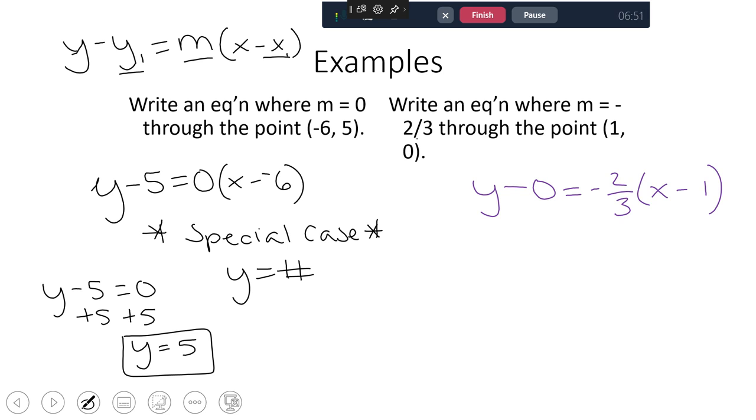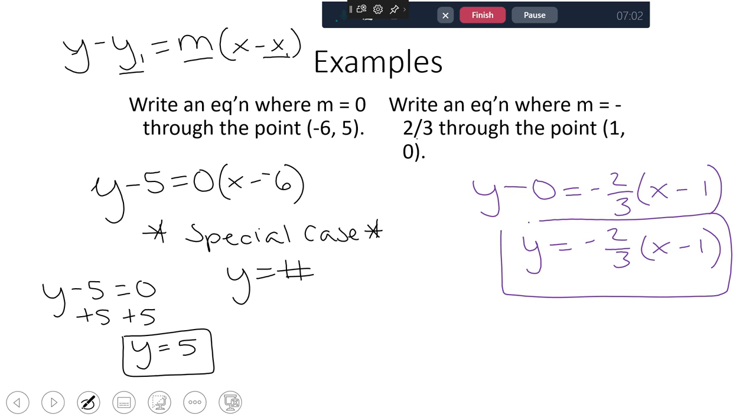Well, I wouldn't need that 0 there, so we're just going to write it as y equals negative 2 over 3 times x minus 1. But we will not distribute that negative 2 over 3 because then it becomes slope-intercept form, not point slope form. Okay?